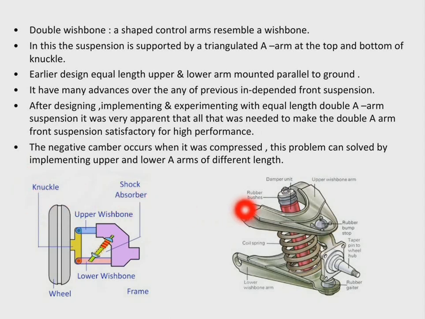So this is the upper wishbone arm, and the bottom is the lower wishbone arm, and there is a coil spring inside. This is a taper pin which is connected to the wheel. In this system, it is supported by a triangulated A arm at the top and bottom of the knuckle. Earlier this design had equal length upper and lower arms, mounted parallel to the ground.